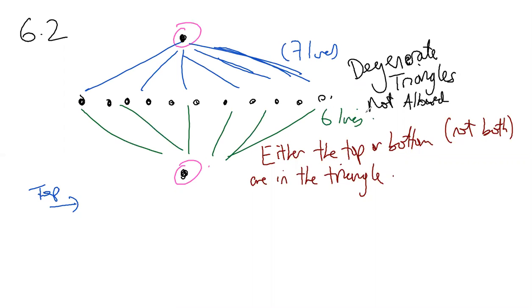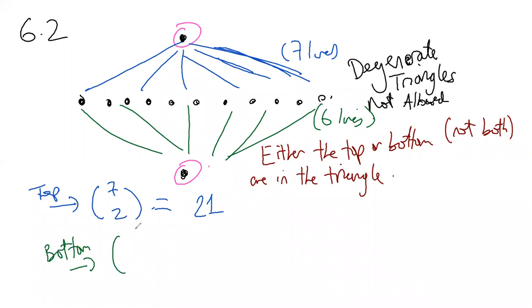Because there are 7 vertices here, if we want to choose 2 vertices to complete our triangle, we have 7 choose 2 choices, which gets us 21 choices. If we do the similar thing for the bottom vertex as our first vertex, then we have 6 choose 2 ways from the 6 lines coming out of the bottom vertex, equals 15 ways.